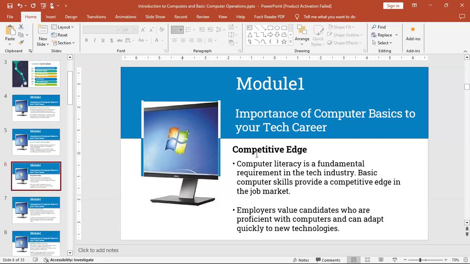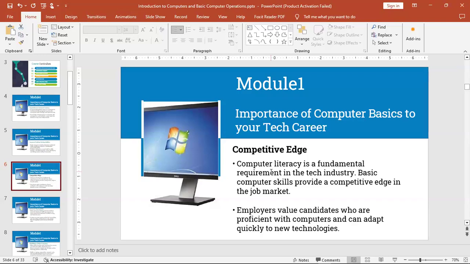Okay. The next importance of learning this course is competitive edge. Computer literacy is a fundamental requirement in the tech industry. Basic computer skills provide a competitive edge in the job market. I think that's self-explanatory. Those who have computer skills tend to get the jobs out there because the world is going digital and it's really, really fast advancing, especially in the field of cybersecurity, AI.